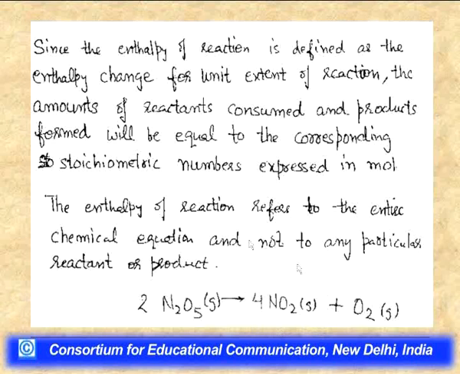For xi to be unity, if we consider a balanced chemical equation, the number of moles of the reactants corresponding to the stoichiometric coefficients have been consumed, and the number of moles of the products corresponding to the respective stoichiometric coefficients have been produced in the reaction system.